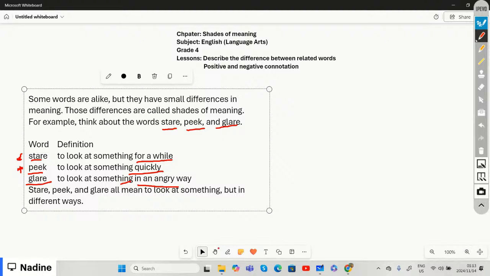All right. So these are shades of meaning.